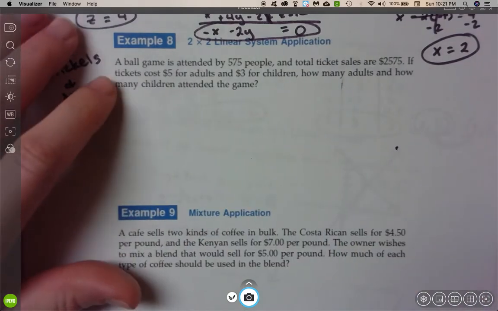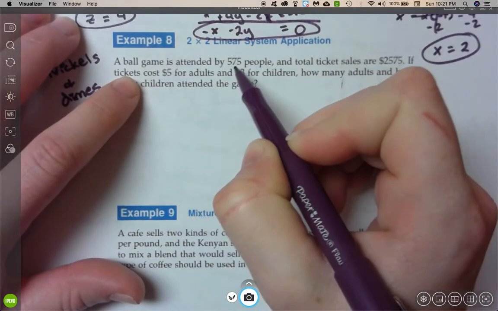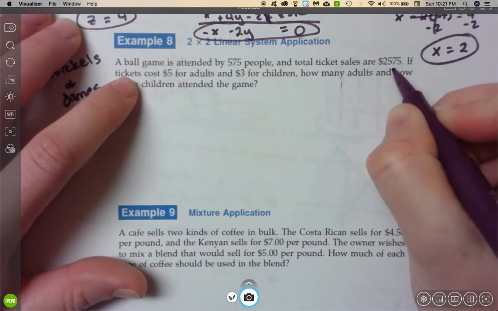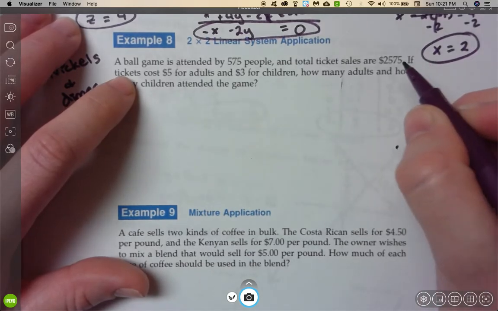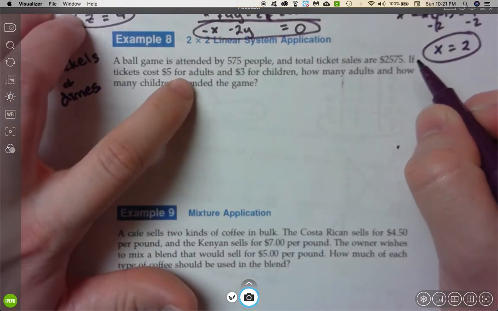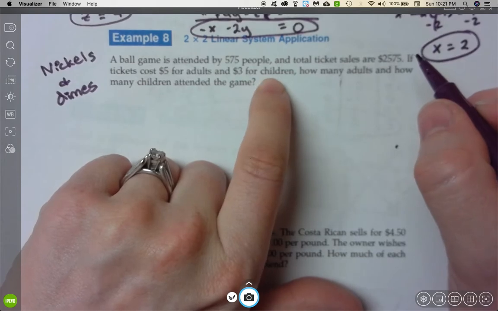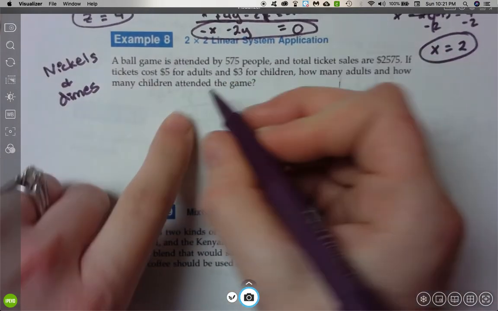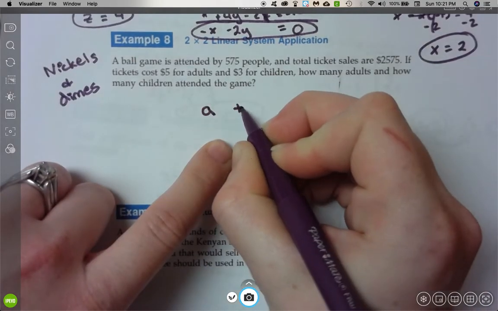So it says a ball game is attended by 575 people, and total ticket sales are $2,575. If a ticket for an adult costs $5 and a child's costs $3, how many adults and how many children attend the game? So I'm going to use the variables A and C for adult and child.